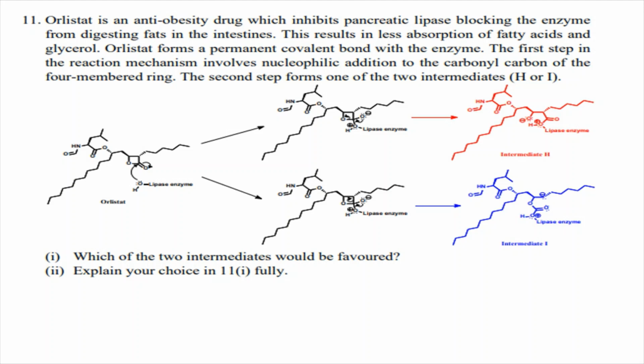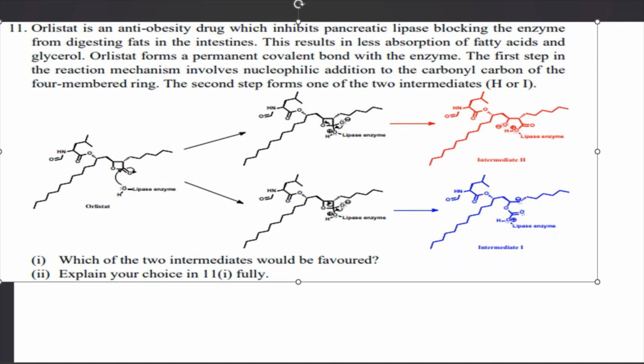So Orlistat is a drug which will inhibit pancreatic lipase, blocking the enzyme from digesting fats in the intestines. This results in less absorption of fatty acids and glycerol. Orlistat forms a permanent covalent bond with the enzyme. So the first step in the reaction involves nucleophilic addition to the carbonyl-carbon of the four-membered ring. The second step forms one of the two intermediates, which is H and I.